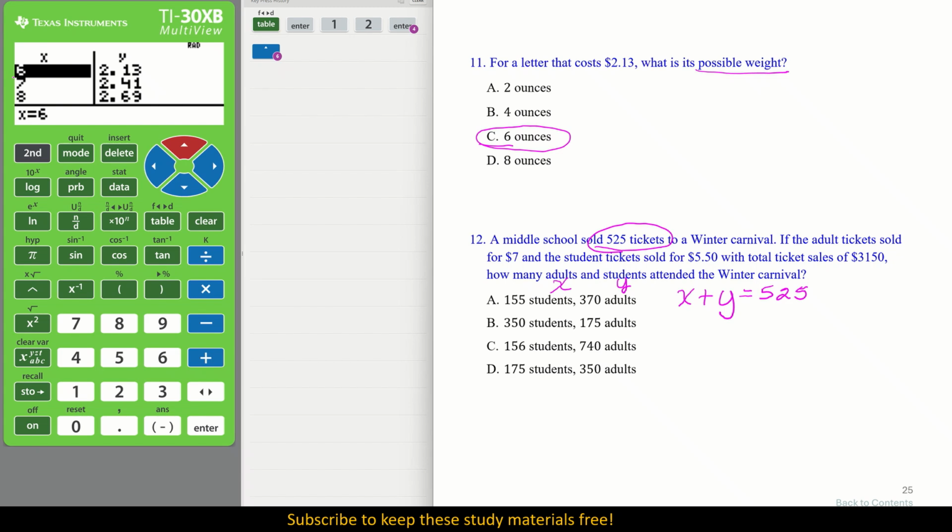Well, that would be the people. That's who walked in and paid. Now, how much did each of those categories pay, and we have a total for that.